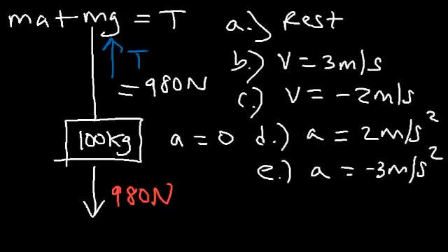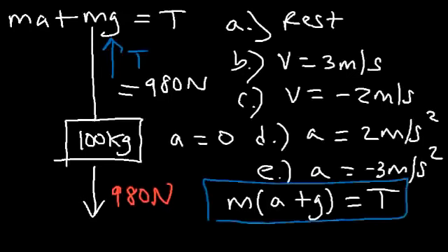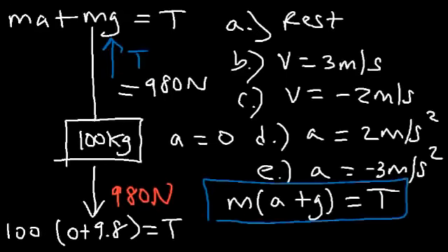If we factor out the GCF, the greatest common factor, which is m, we get the mass times the quantity acceleration plus g is equal to the tension force. This is the equation that you need for this particular situation. For part A, the acceleration is 0 and the mass is 100. So we can see why the tension is 100 times 9.8, which is 980, which conceptually we got that answer.